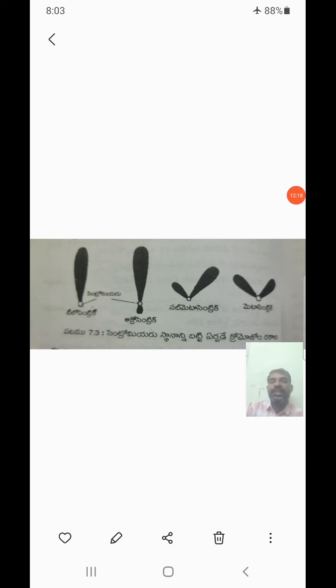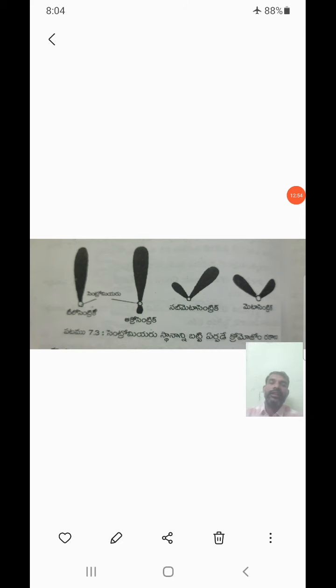The next one, submetacentric: the centromere moves to the right or left side, and the arms are of different sizes. One arm is big and one arm is very small, giving an L shape. Acrocentric chromosomes have a J-shaped structure. Telocentric has only one arm, with the centromere located at the tip of the arm, looking like an I-shaped structure.